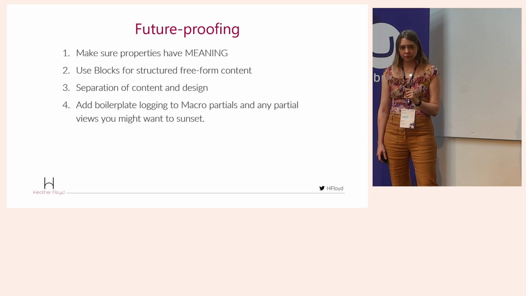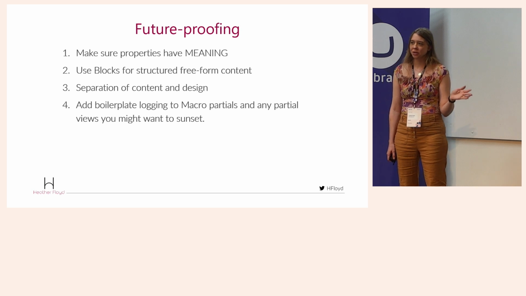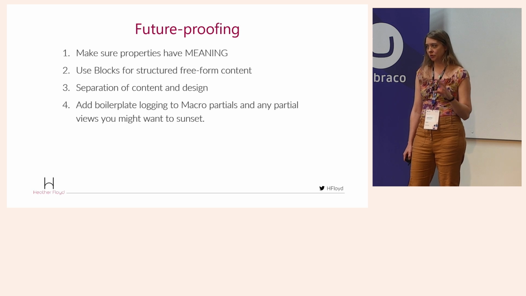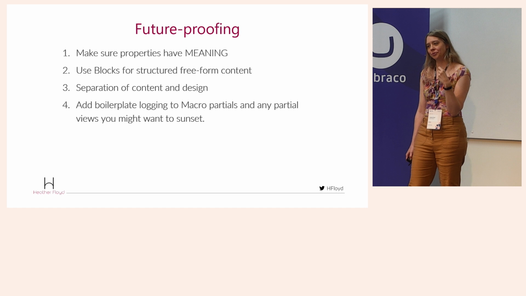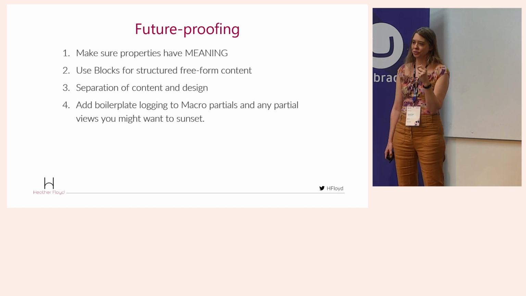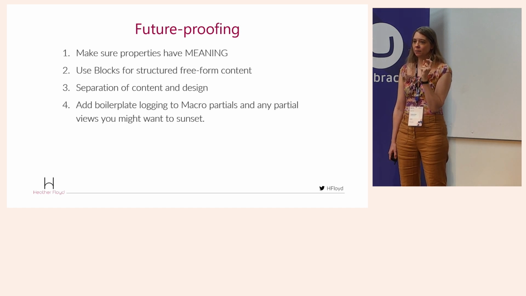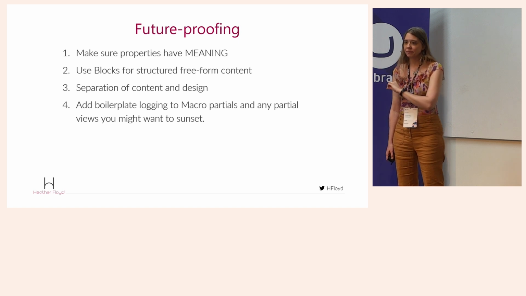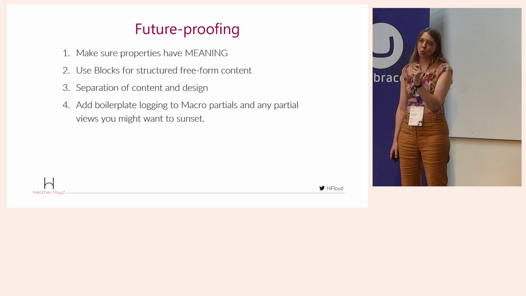Another little quick tip: since macros are going the way of the dinosaurs, even if you're still utilizing them in a current site and you're not moving to 14 anytime soon, you do want to be thinking ahead. So drop a little bit of logging code at the top of all of your macro partials that basically says, hey, macro XYZ was used on page ABC, node ID 123, and give it a warning level.